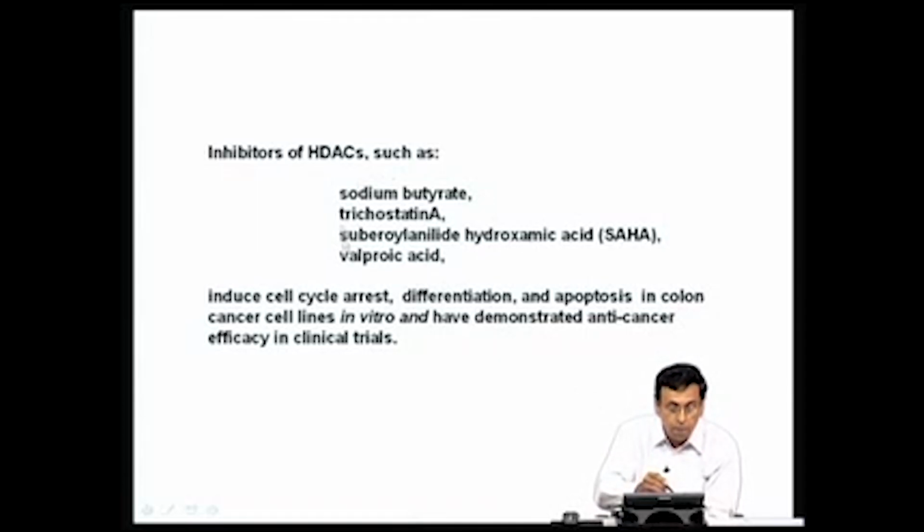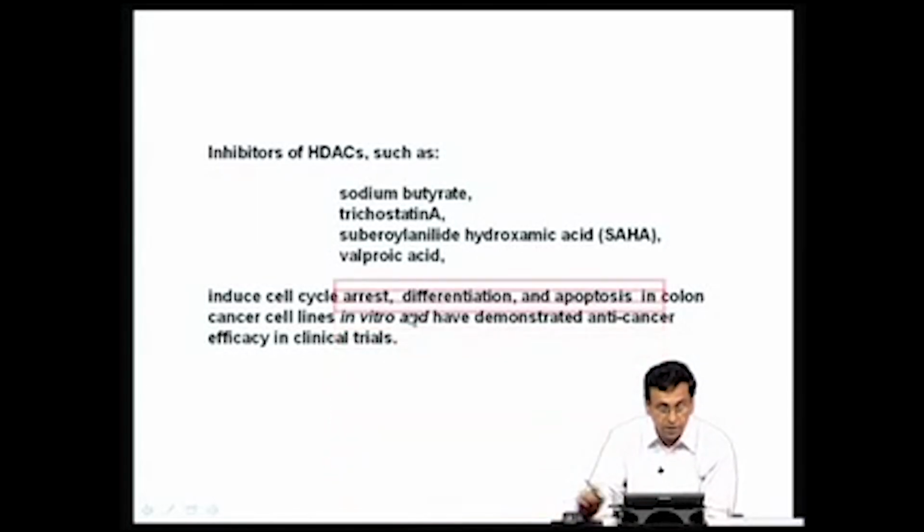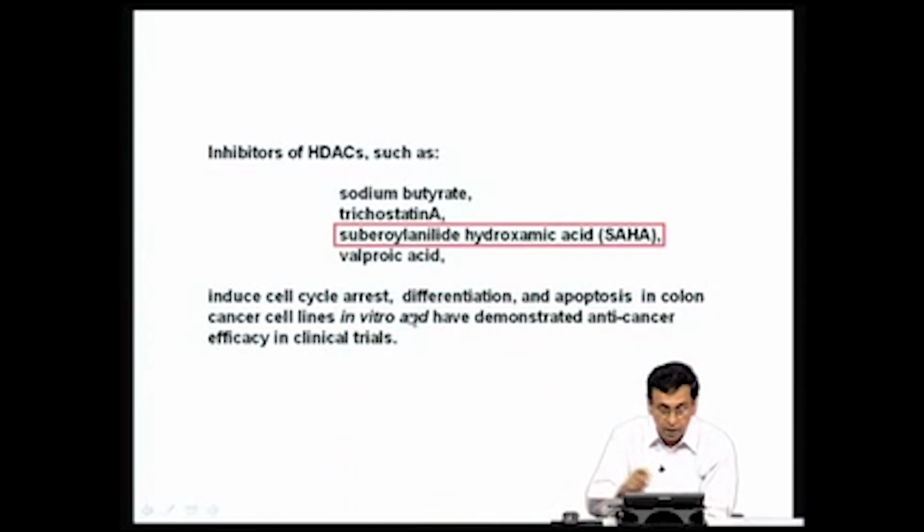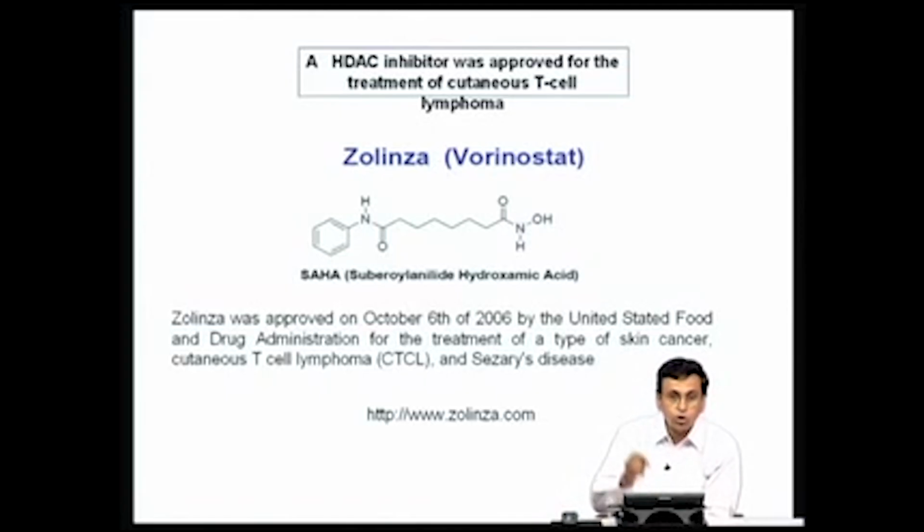And many of these compounds which are HDAC inhibitors have been found to have anti-cancer properties. I will only give one example because it has already entered clinical trials. This particular example called SAHA, which is a very potent inhibitor of HDACs, is actually now commercially available as Zolinza as a trade name.